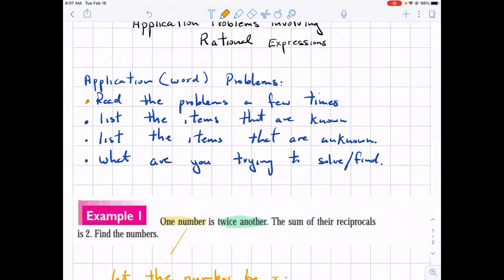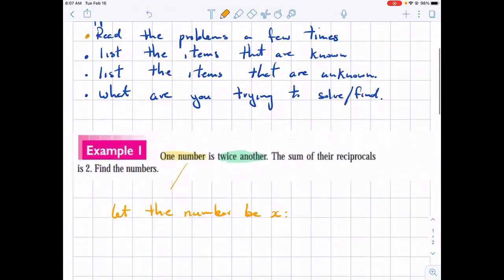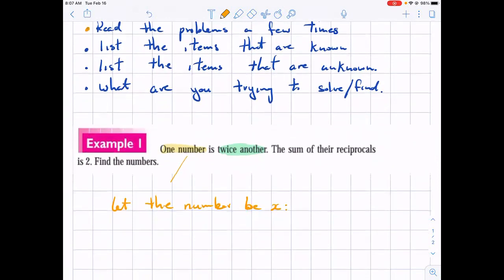I hope you followed what I recommended. Read the problem here a few times, right? Before you start writing things down. So I've basically skipped the first step because I did read the problems a few times. Okay. Now, one number is twice another.